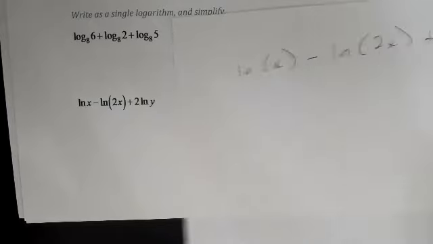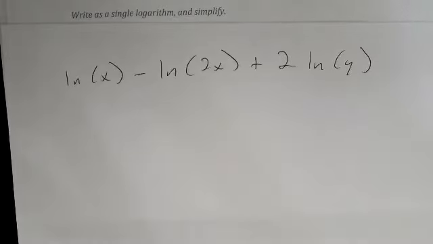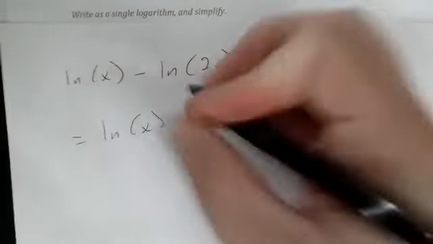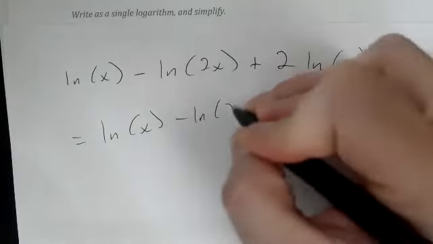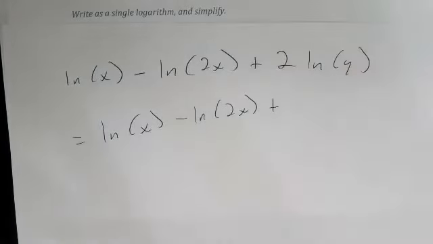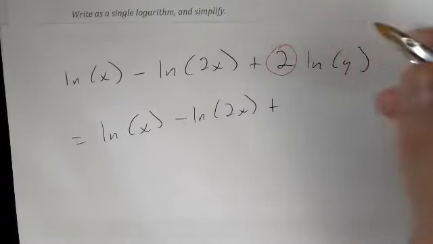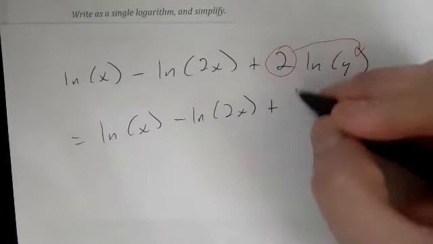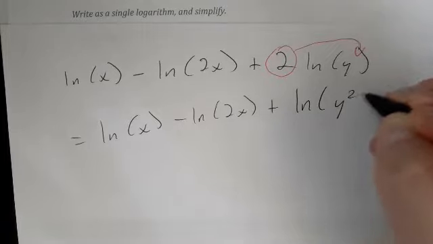And this last guy is the guy that I'm talking about. I don't want to touch these two things, but this last one, if you see a coefficient, you can raise it as an exponent. So this is plus ln of y squared.